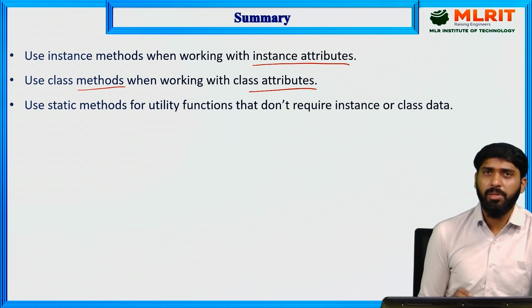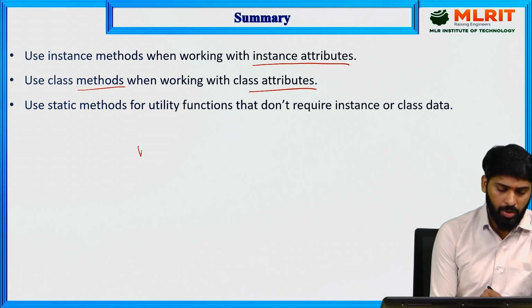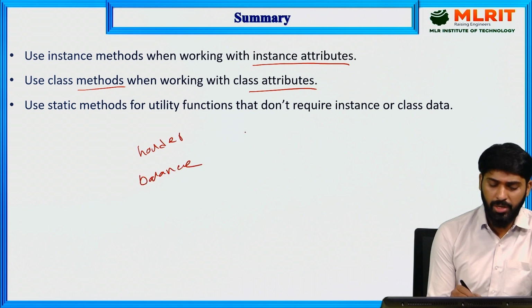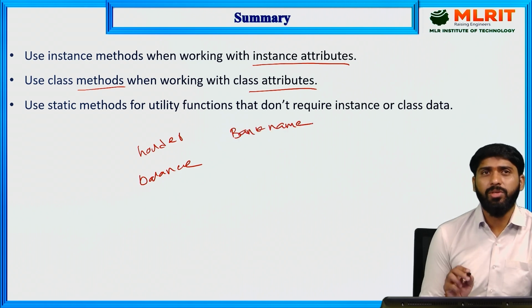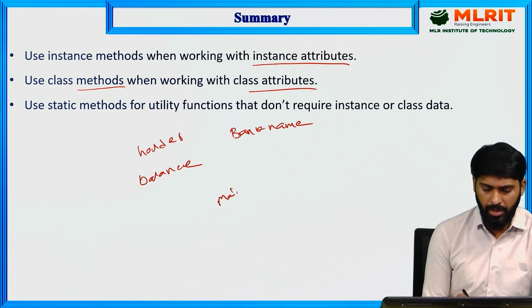In our example, the instance attributes are holder and balance. The class attribute is bank name. Static methods we use to print utility information like maintain minimum balance.